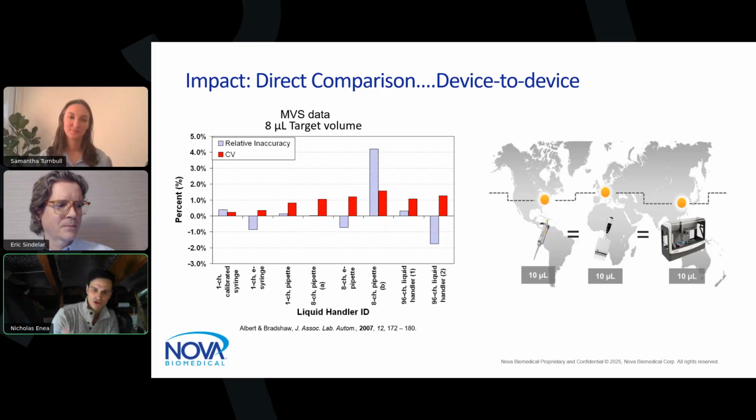We saw variability from site to site, from transfer step to transfer step. If you're not optimizing at the bench level in the transfer steps and not optimizing from site to site, you'll notice a lot of variability. You have some places with relative inaccuracies of 5% and CVs upwards of 2%. Depending on the assay, that could be truly impactful. So zooming out, we have to look at the manual steps all the way to the automated steps as well.